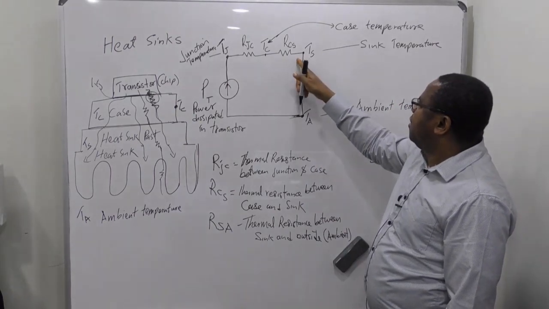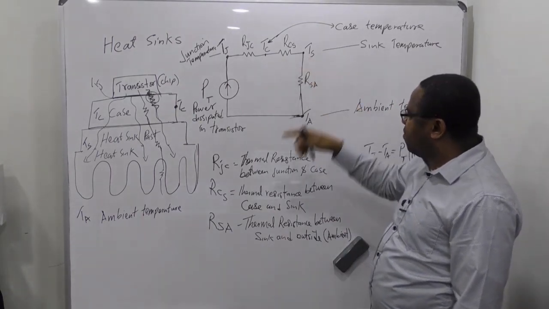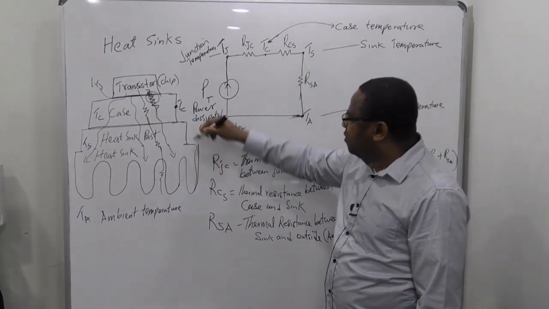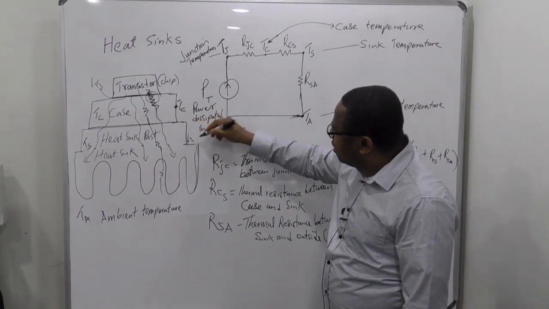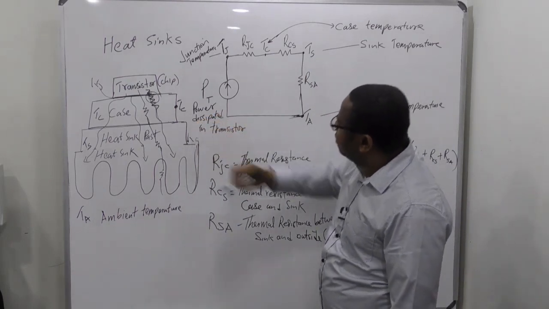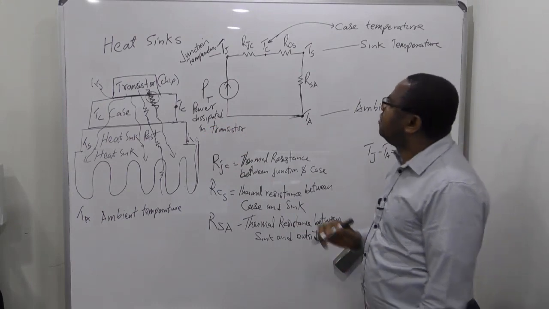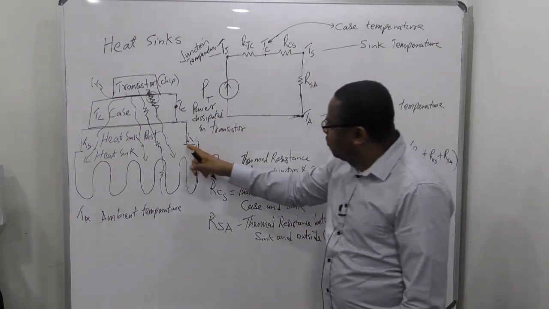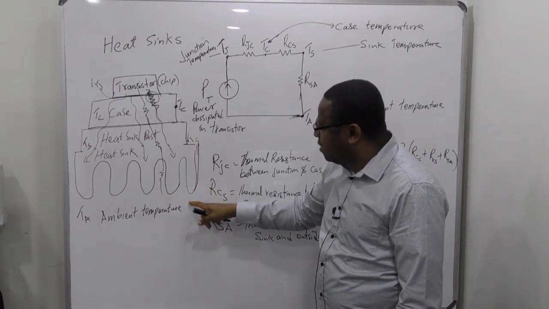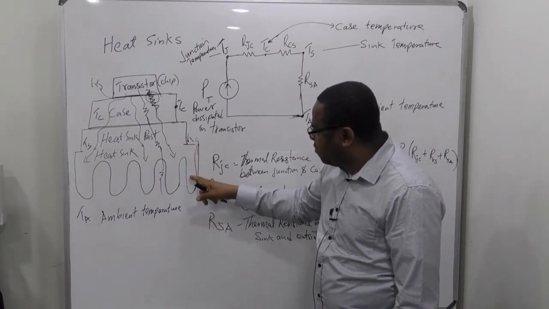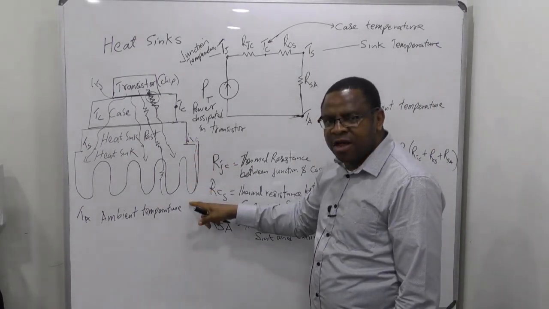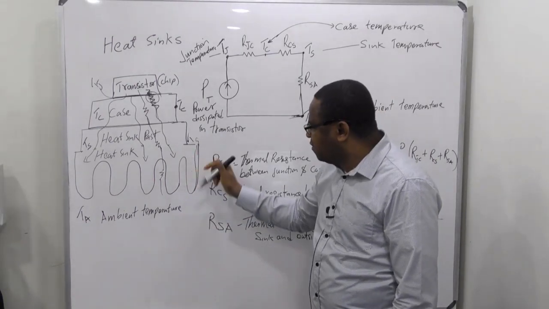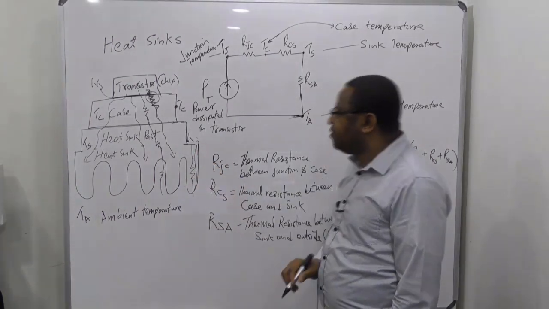And then after that, if I touch this point, let's say here, I'll get a temperature TS, which is the sink temperature. And then between that sink temperature and outside, the heat has to dissipate from here to out, right? So there must be a resistance. There must be a hindrance to that.